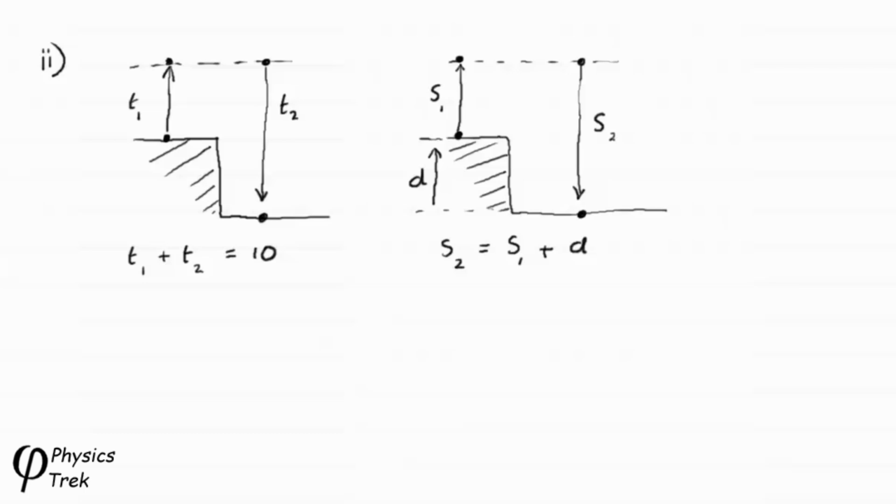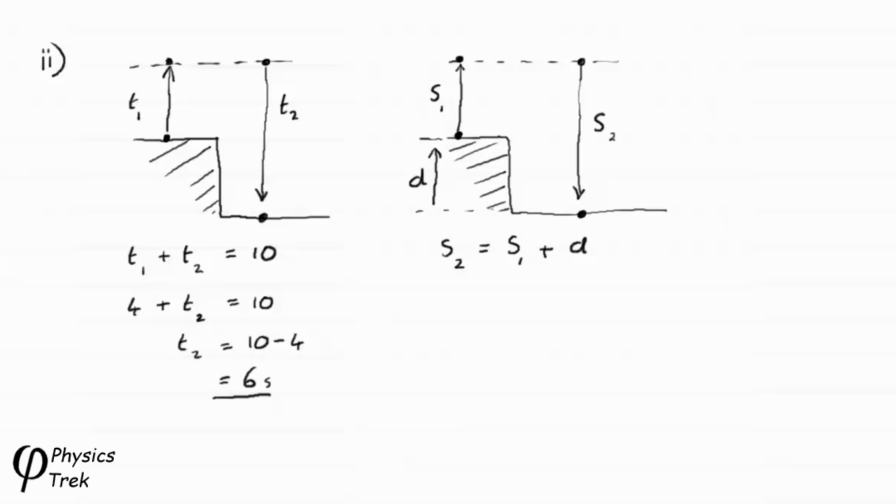To do this, we need the time interval T2. We know that T2 plus T1 equals 10. T1 is 4, so 4 plus T2 equals 10. T2 equals 10 minus 4, which equals 6. T2 equals 6 seconds. Now to work out S2, we need an equation from our motion downwards list.